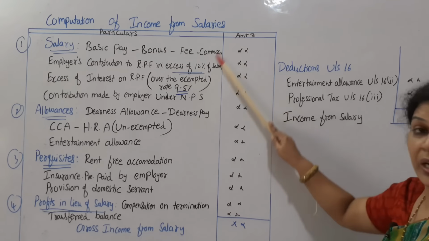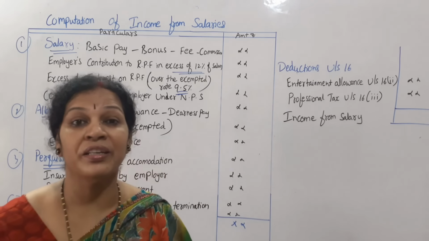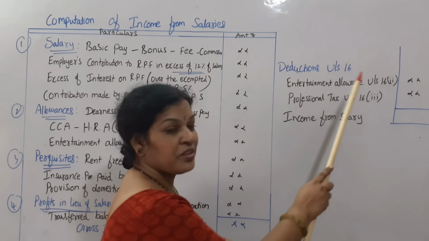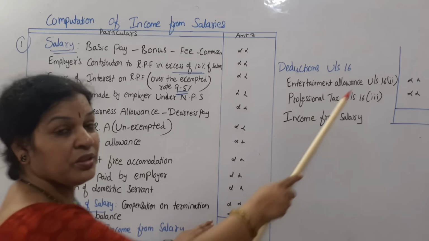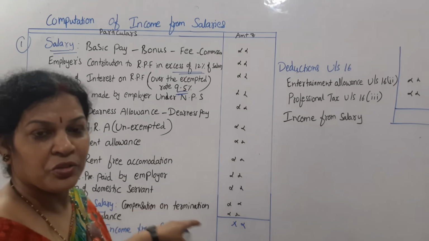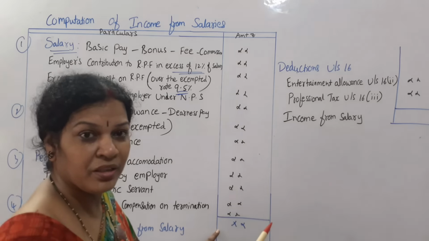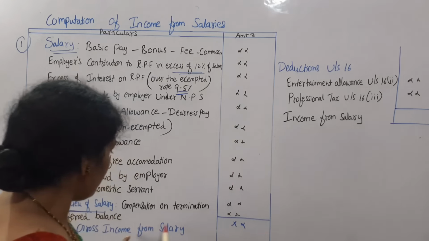From gross income from salary, you have to deduct. What can you deduct? Deductions under section 16. It's a continuation of this; there is no space, so that is why I am continuing here. Am I clear? From gross income from salary, we are going to deduct as per section 16. Under section 16, what comes under the deductions?